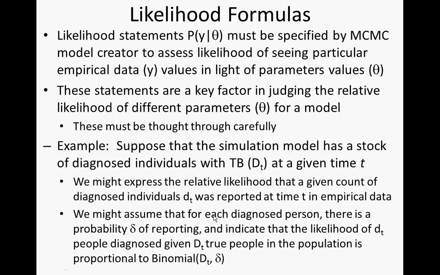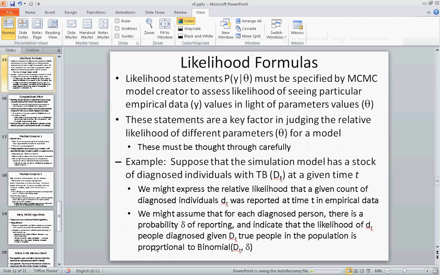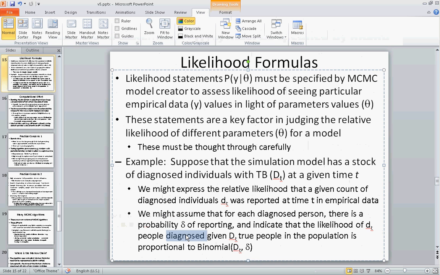So just to be clear here, this should be reported. Apologies, but I figure it's better to have it fixed. What's the likelihood we actually would observe this empirical data if we actually had this many diagnosed individuals in the population?